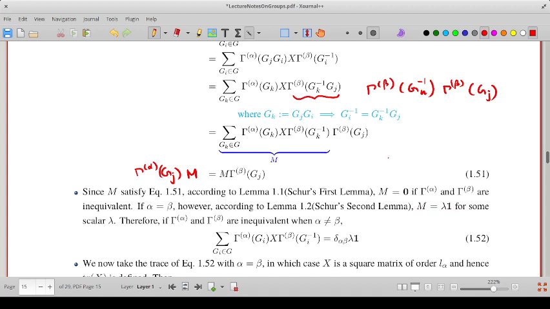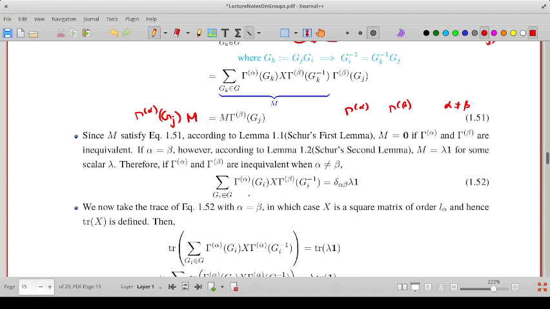Okay, so that means if we restrict ourselves to a set of irreducible unitary representations of group G, such that gamma alpha and gamma beta are inequivalent whenever alpha is not equal to beta, then when alpha is not equal to beta, this matrix M should be a null matrix, and if alpha equal to beta, M should be a multiple of the identity matrix, which can now be written in the following way.